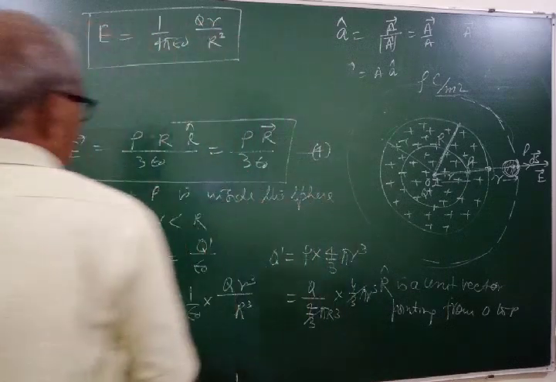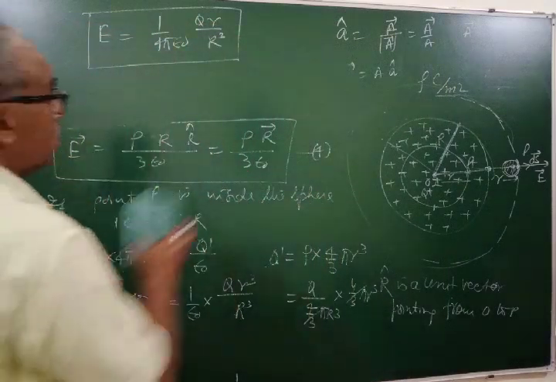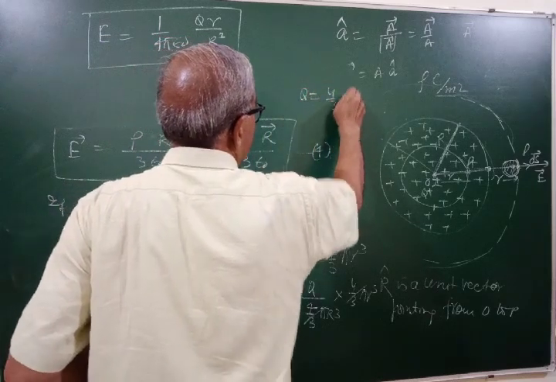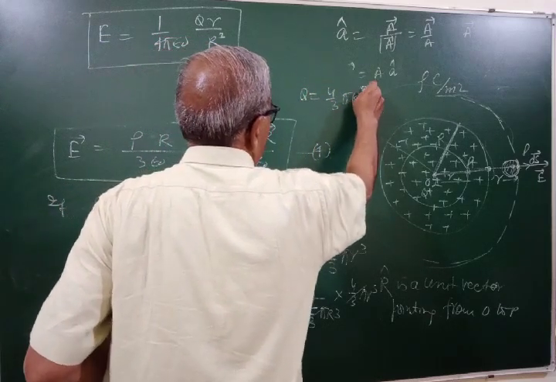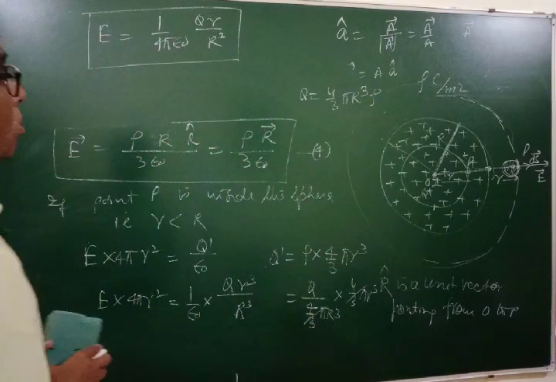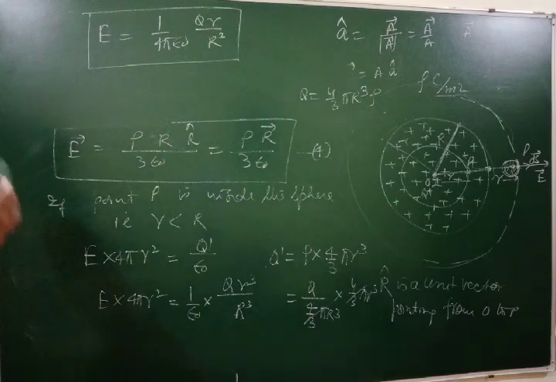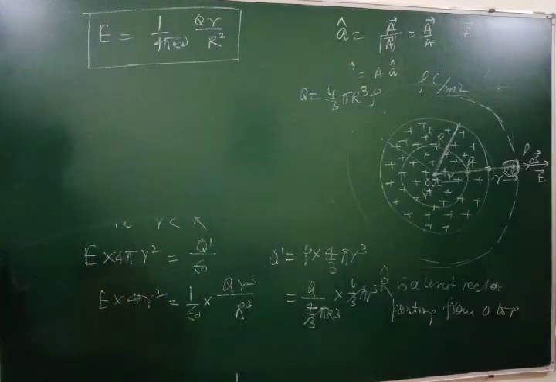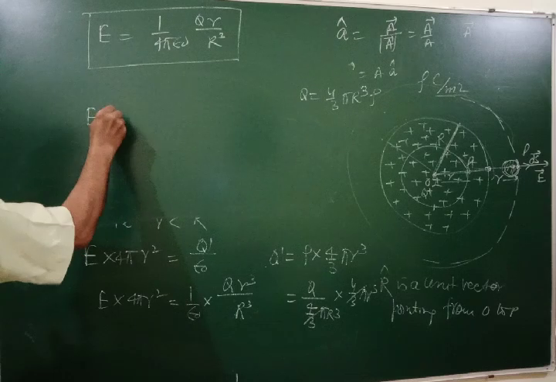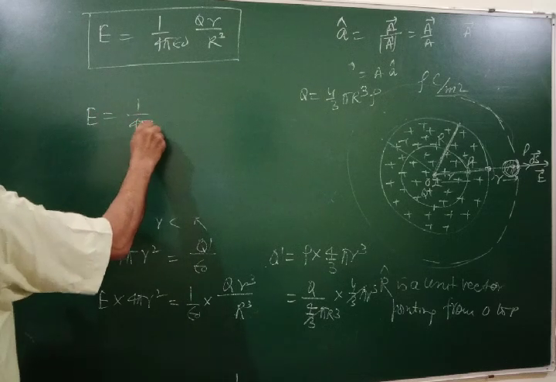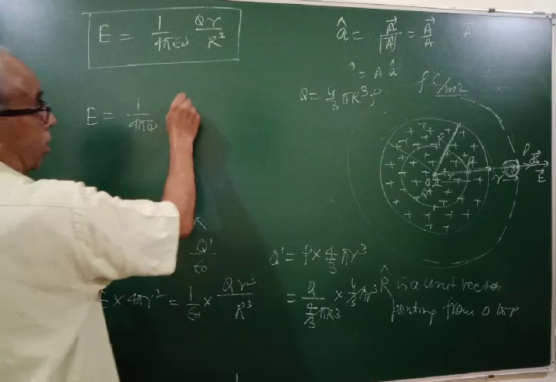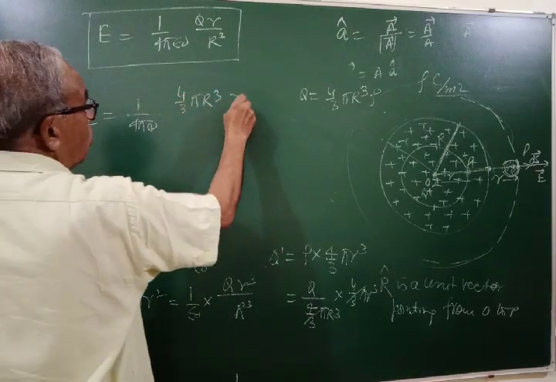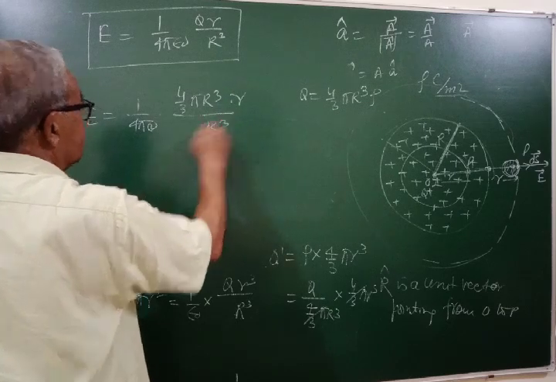But now, in terms of charge density, Q is equal to 4 by 3 pi R cube into rho. If I write Q like this, then E is equal to 1 upon 4 pi epsilon 0 and 4 upon 3 pi R cube rho into r upon R cube.